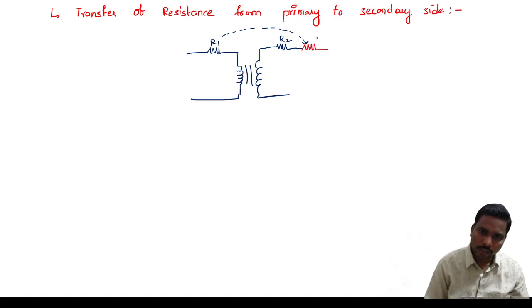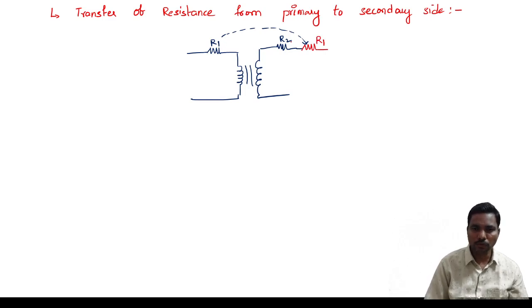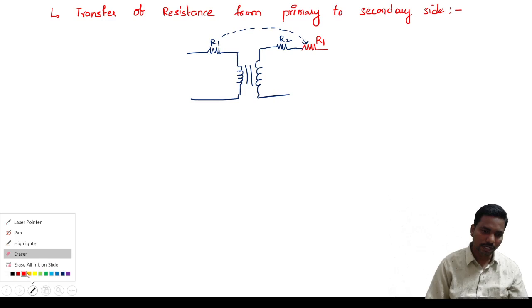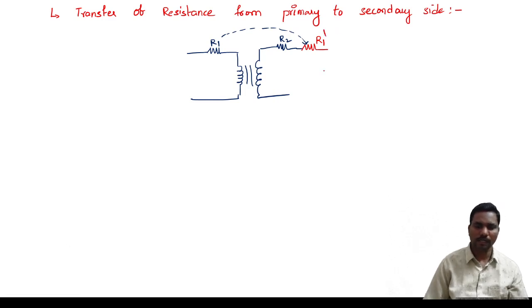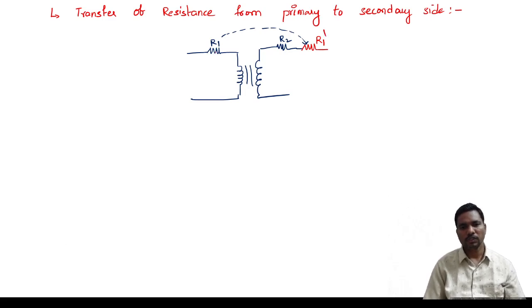It belongs to the primary side, but we are transferring it, so R1 becomes R1 dash. For transferring, we represent it with a dash. This R1 indicates the primary winding, transferred from one side to another side, so we represent it as dash.